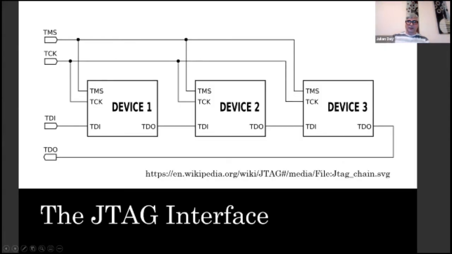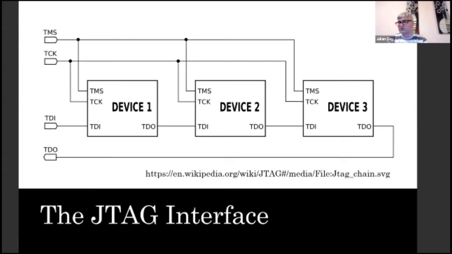So, at least in concept, again, there's a Wikipedia page there if you're interested, give that link a follow. But the idea is that you've got potentially multiple devices on your board, and you want to connect to them all with as few pins as possible. So the normal JTAG interface has 4 pins.